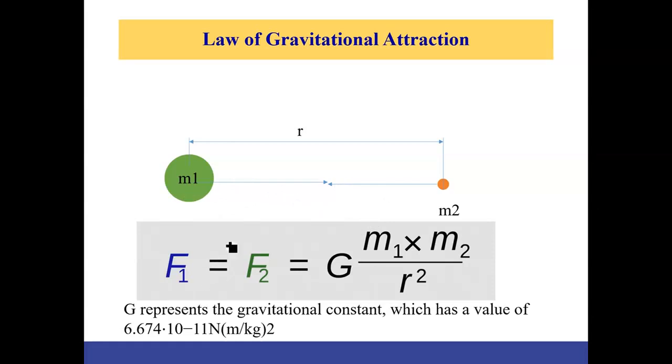So the force of attraction between a big body m1 and a small body m2 can be calculated using this equation, where m1 and m2 are masses, r is the distance between the two bodies, and G is called the universal gravitational constant, and its value is 6.67 × 10^-11 N·m² per kg².